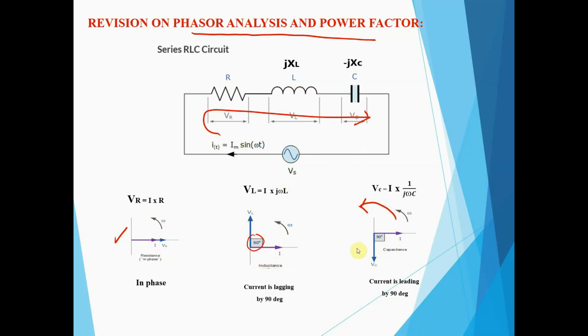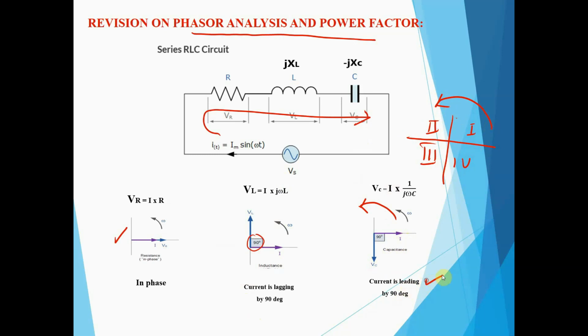Just like in your coordinate system, first quadrant, second quadrant, third quadrant, fourth quadrant, the rotation is counterclockwise. So here the current is leading the voltage in the case of a capacitor by 90 degrees.